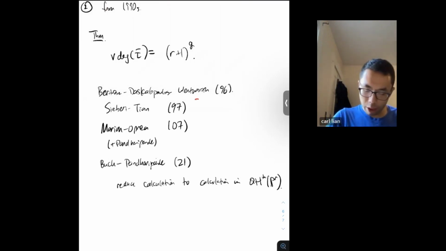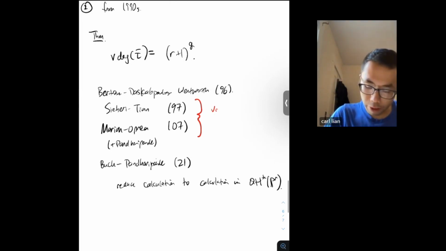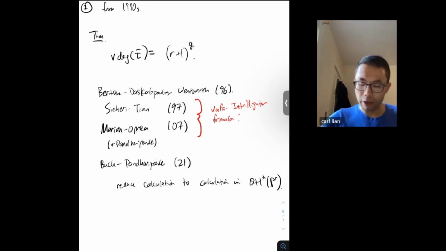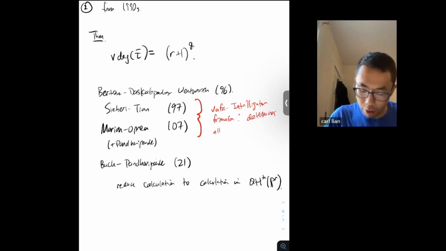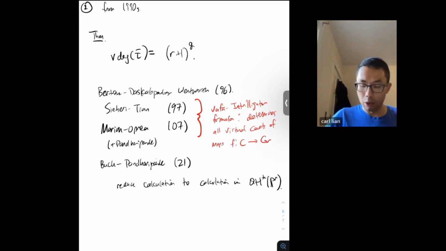In particular, the papers of Siebert-Tian and Marian-Oprea, and then to a partial extent, the previous paper of Bertram-Daskalopoulos-Wentworth, prove what's called the Vafa-Intriligator formula, which comes to us from string theory, and this determines all virtual counts of maps from a fixed curve to any Grassmannian with arbitrary Schubert incidence conditions.